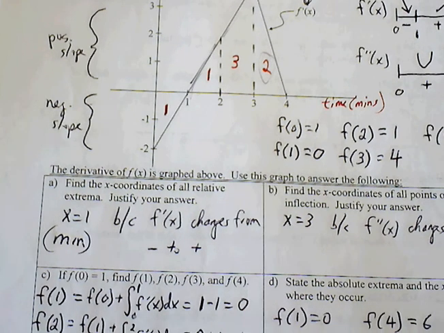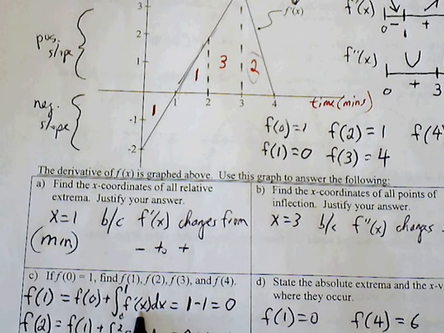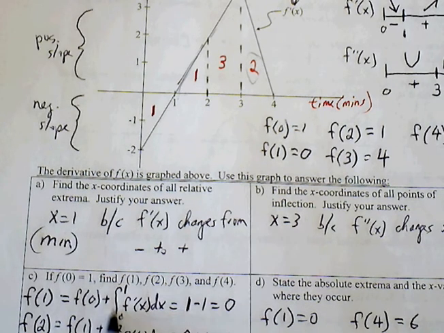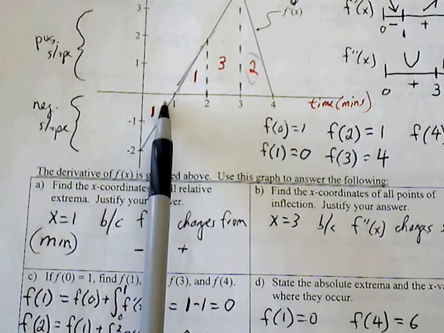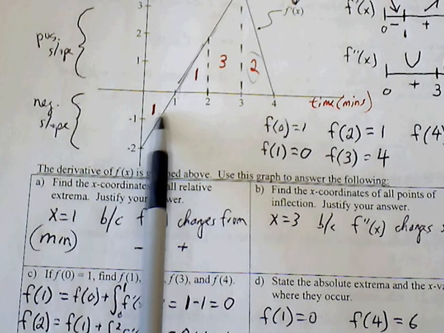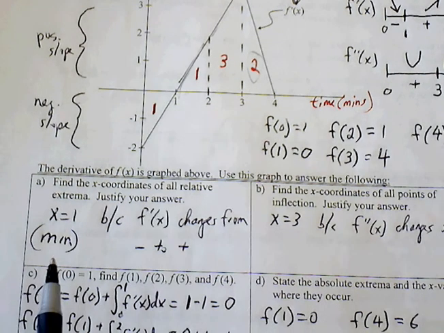So f of 1 is equal to 0. Think of f prime as his velocity, the speed that he's going between 0 and 1 minute. Through finding the area, we figured out that he's covered 1 mile, but moving in the negative direction.